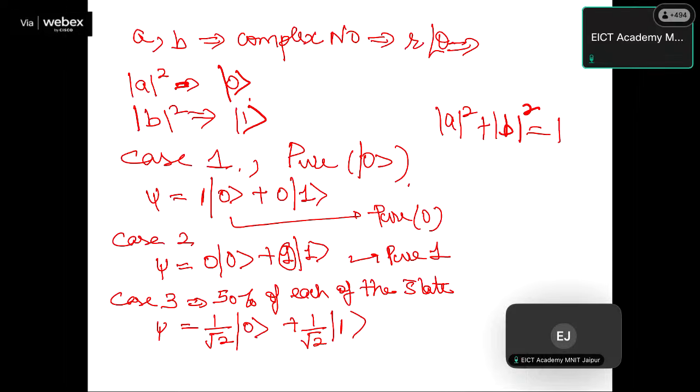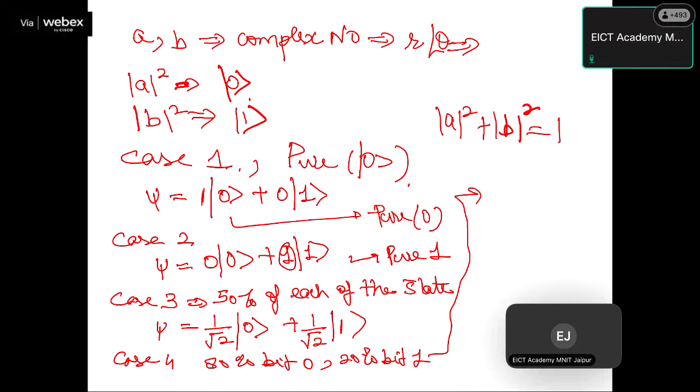Now, suppose I want 80% of bit 0 and 20% of bit 1. Then what will be the equation? The equation of the quantum state would be 0.8 of bit 0 plus 0.2 of bit 1.